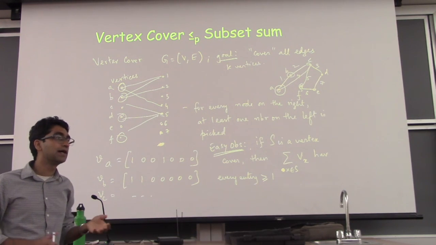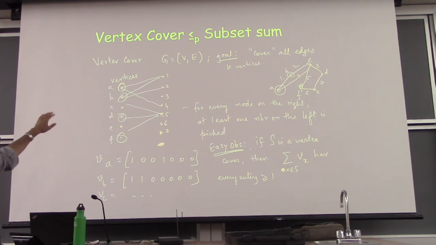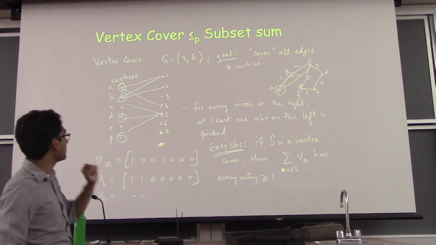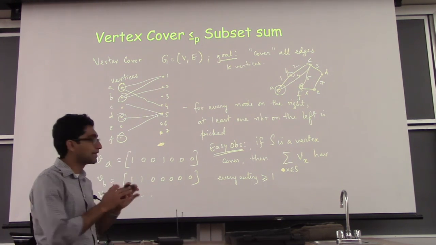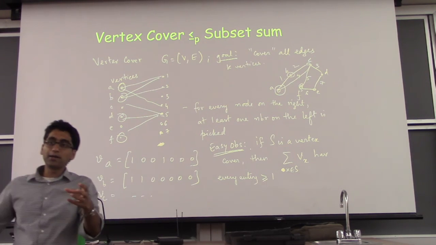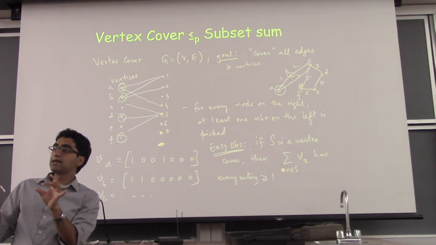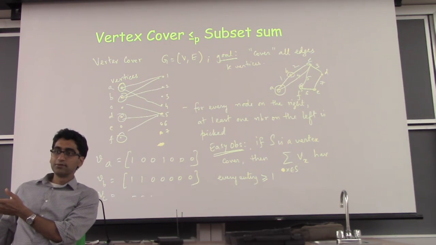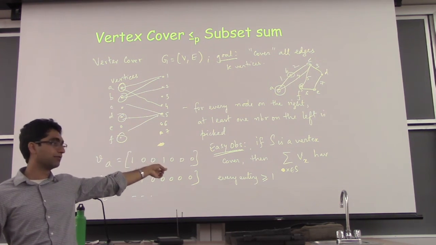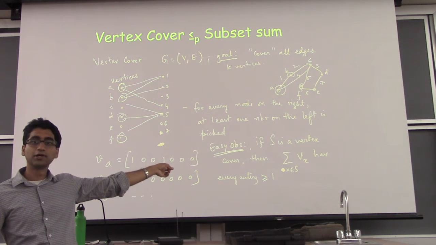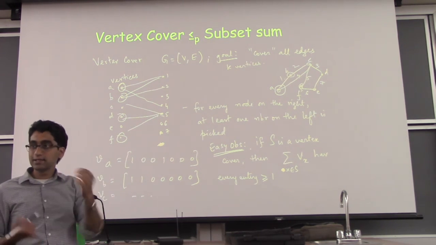So I want to say that this graph has a vertex cover of size k if some of these vectors add up to some other vector, right? But here it's not adding up exactly to this vector. And all you have is this bigger than or equal to. Okay? So this is an issue.